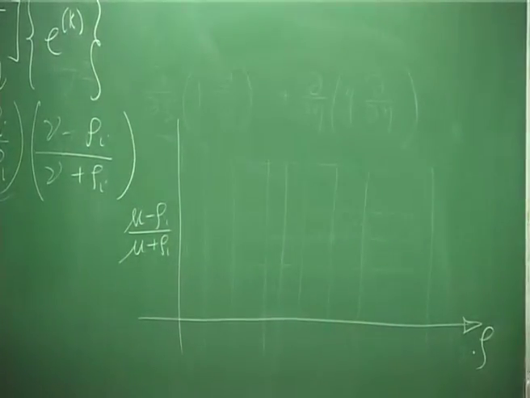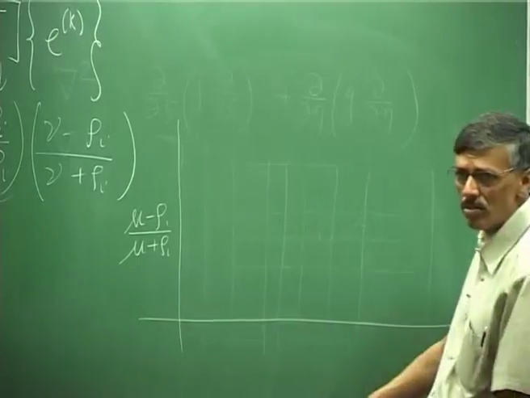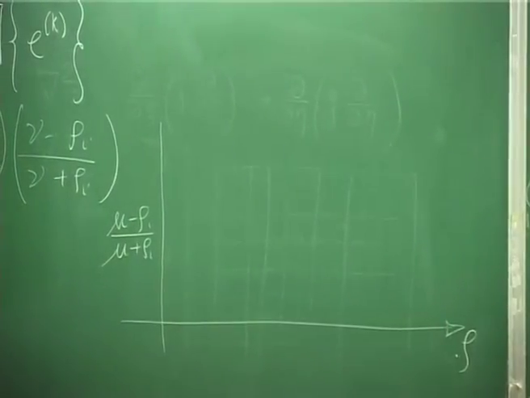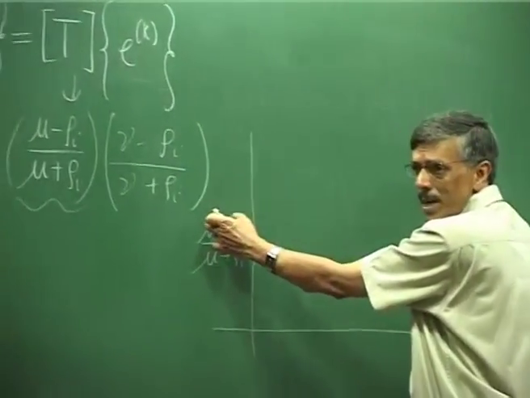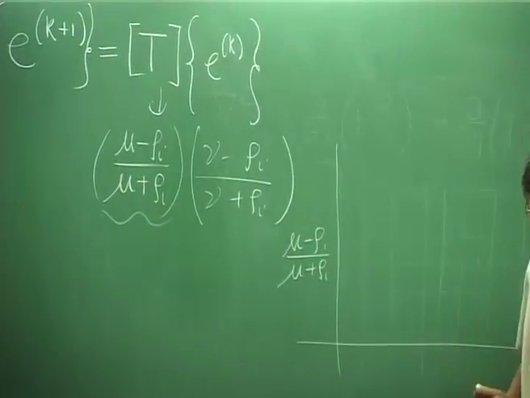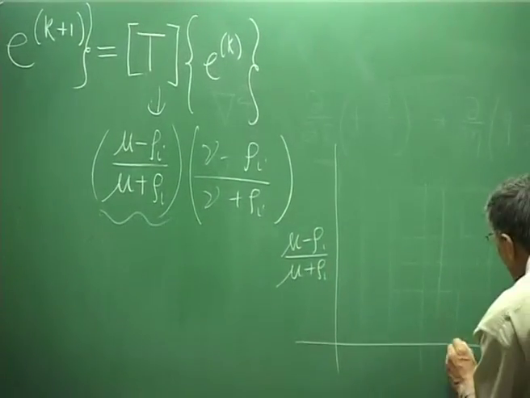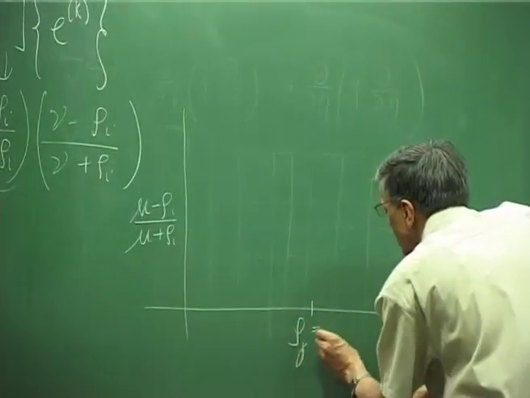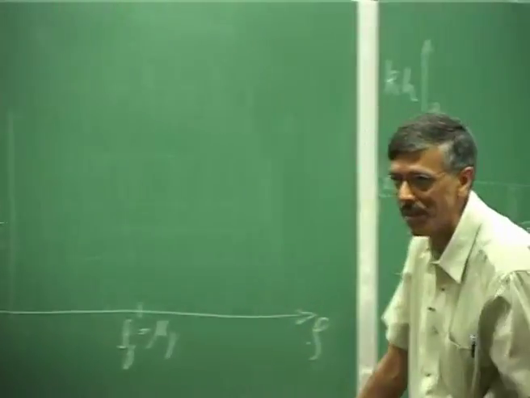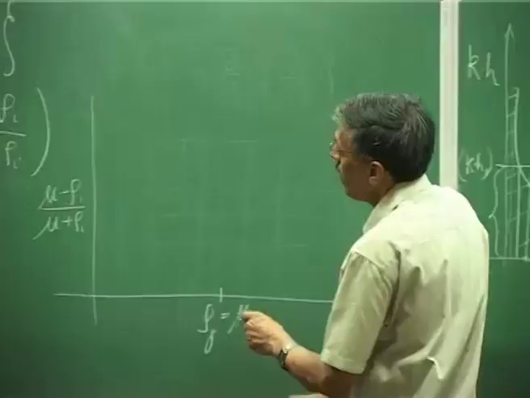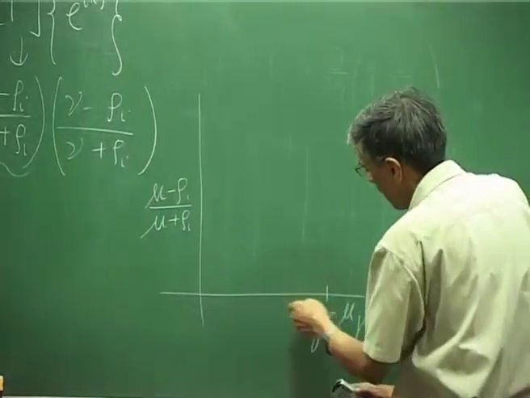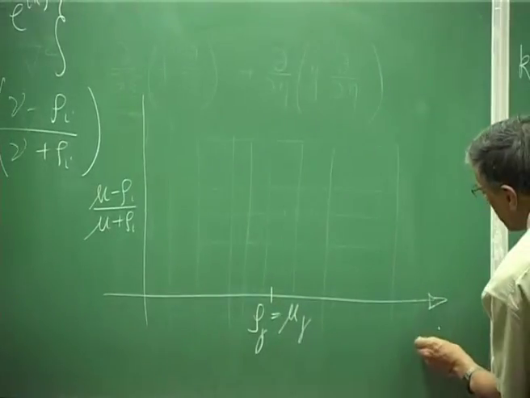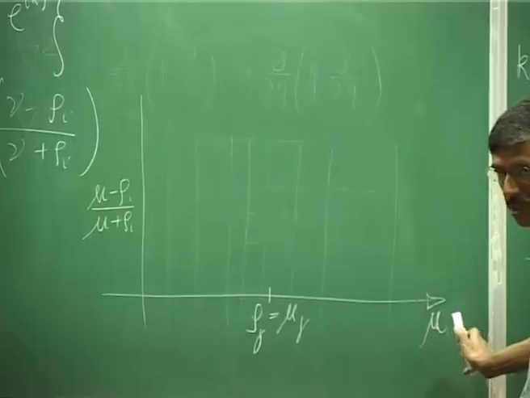Now, if I choose rho I as one of the eigenvalues of the H matrix, what will happen? The numerator would be equal to 0 for that eigenvalue, right. So, if I am choosing a value rho I equal to rho j, let us say call that mu j, that is what I am going to get for that combination. So, for different values of, well, I think I should have plotted mu here, the whole spectrum of eigenvalues that we are looking at.